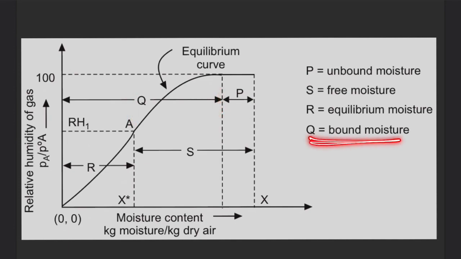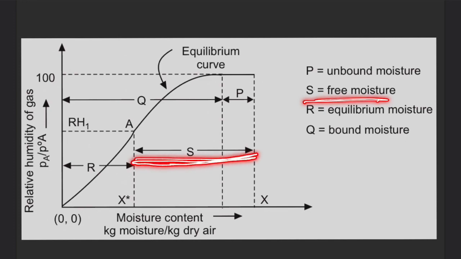Bound moisture contents are those which are trapped inside the solid. They are not on the surface. And when we do our drying, let me clear one more thing. There is one thing called free moisture content. This part is the free moisture content.